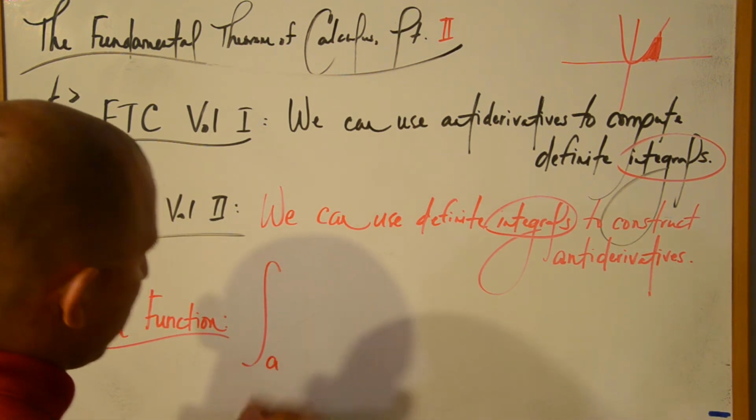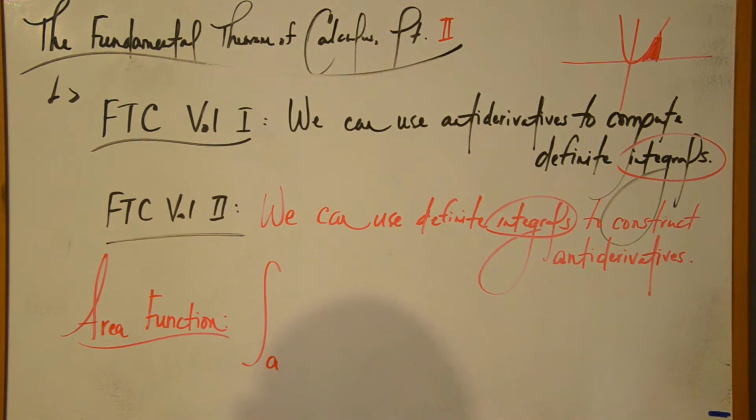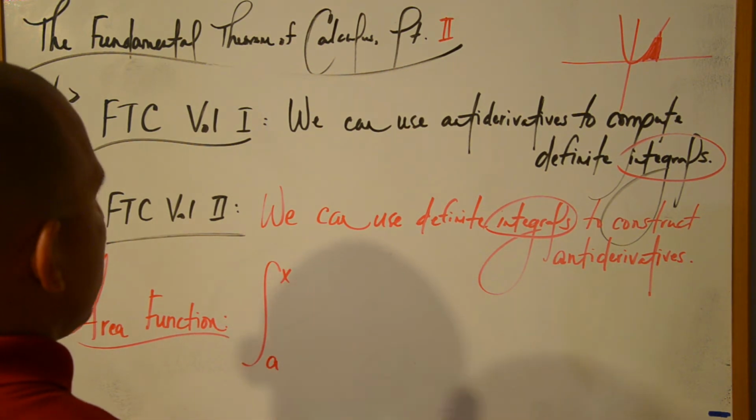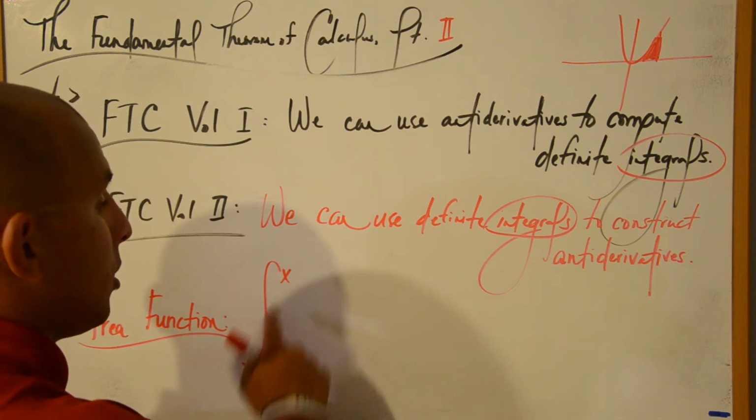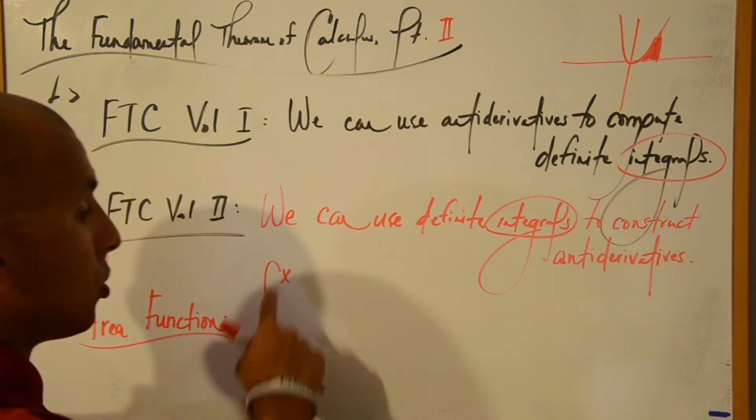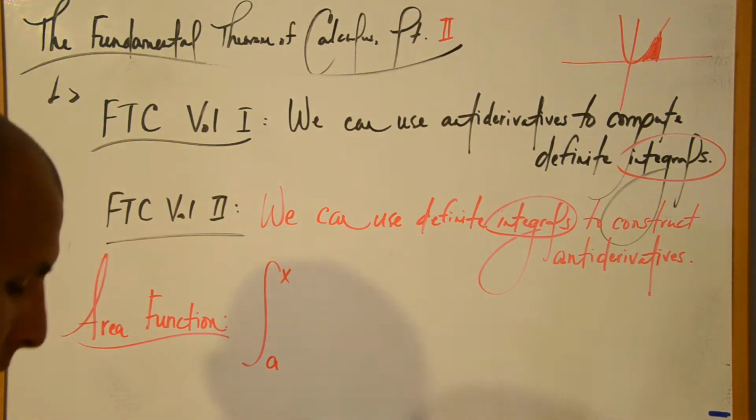Well, we're going to have some left bound, that's a numerical value, but our right bound will be a function. Typically we see an x, but we should just treat it as a function of x.